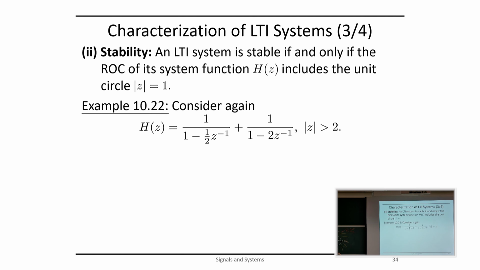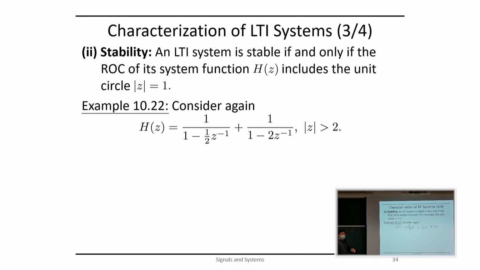So the last thing would be the stability. This part is more or less the same. An LTI system is stable if and only if its ROC includes the unit circle.